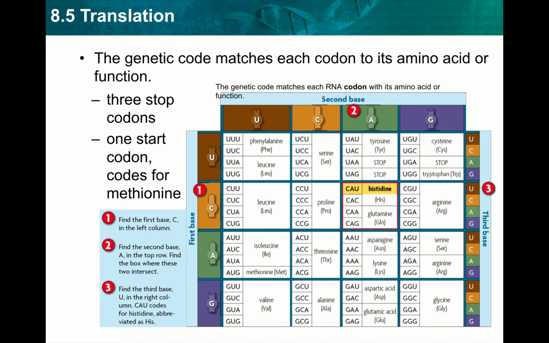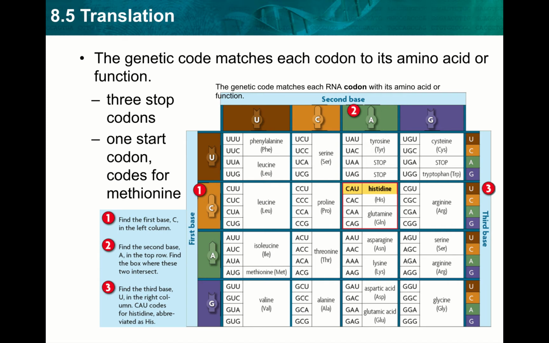So if you go from 1, which is C, over to A, which is the top, which is the second base, and then you're going to find the third base, U, in the right column. So you go left column, top, right column. So if we go C, A, U, we can see that CAU codes for histidine, abbreviated as HIS.